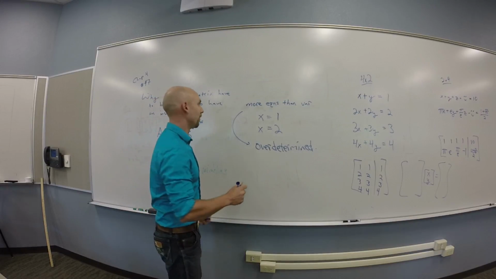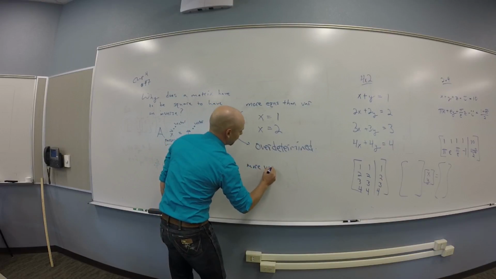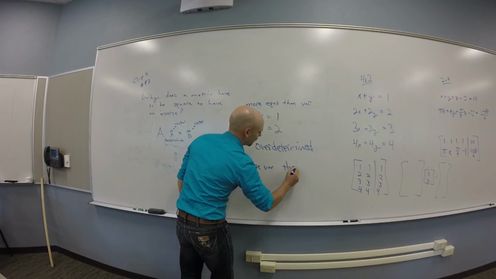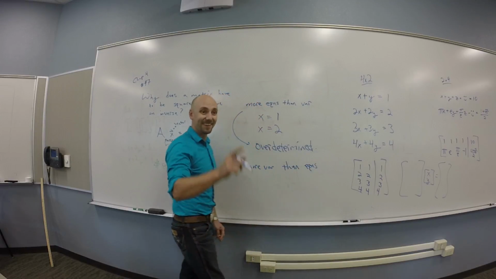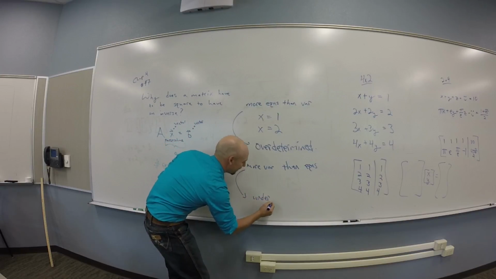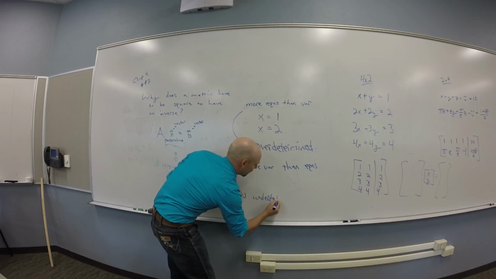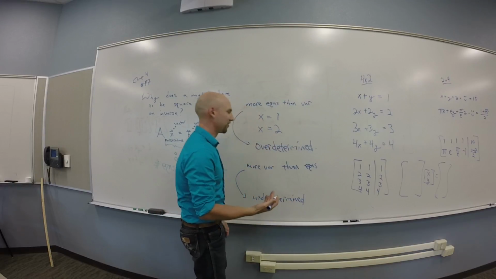What if I have more variables than equations? Underdetermined. Good. That would be underdetermined. It's not solvable. Yeah, I mean, kind of what's going on there.